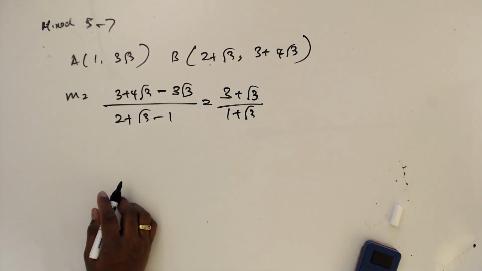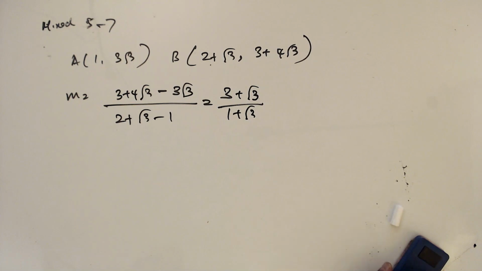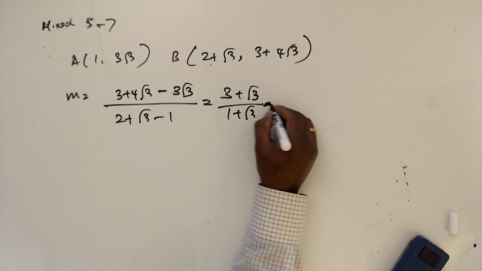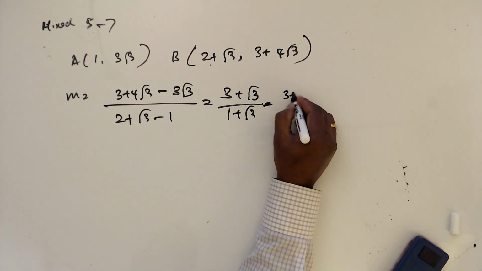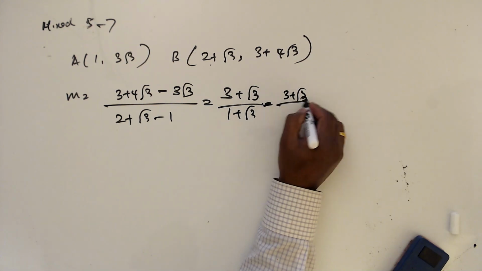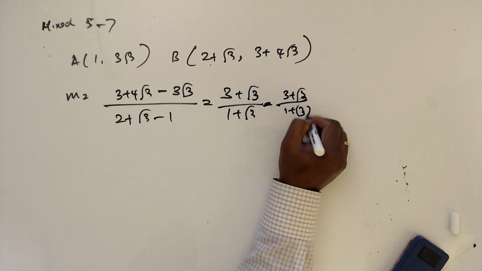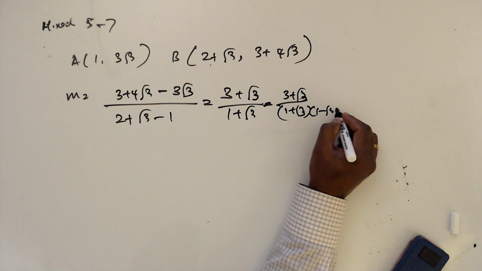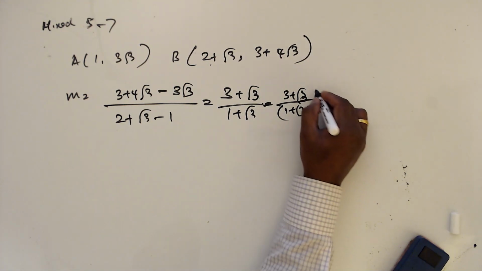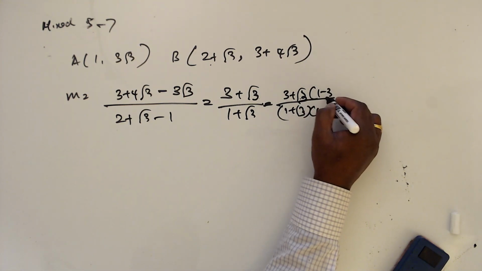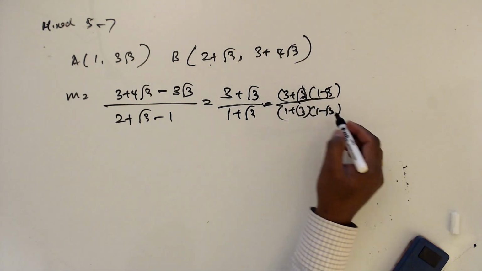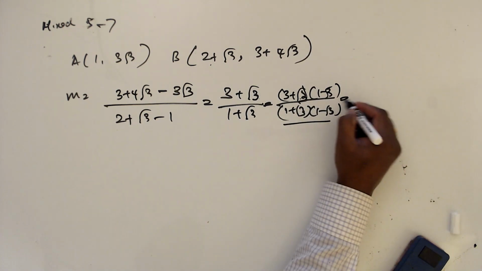Now, we can rationalize the denominator. 1 plus square root 3 multiplied by 1 minus square root 3. So this is going to be a difference of two squares.